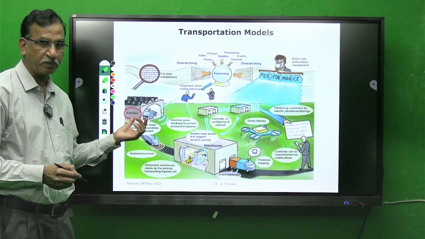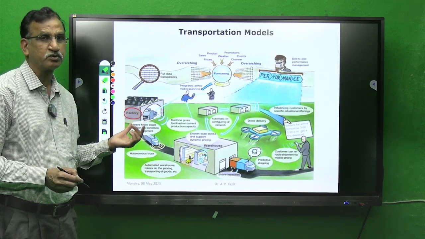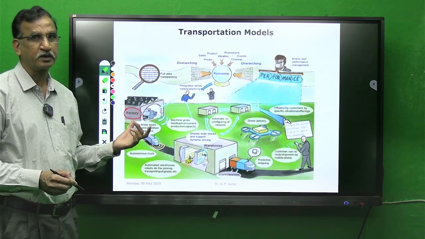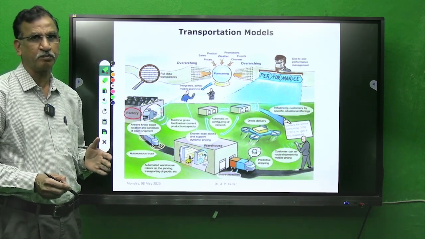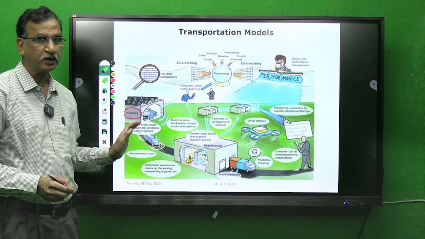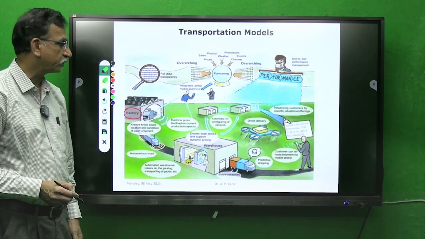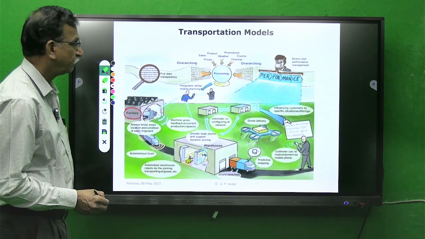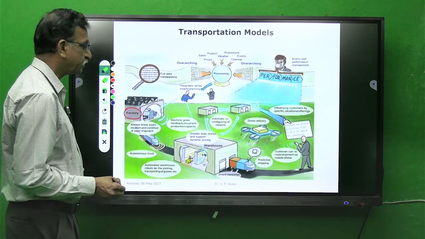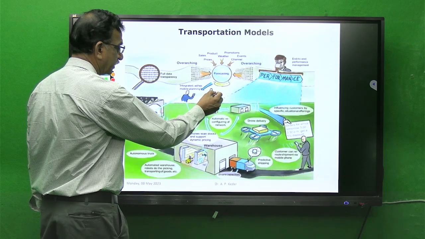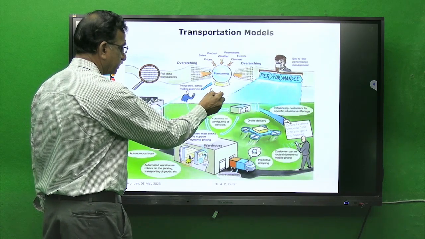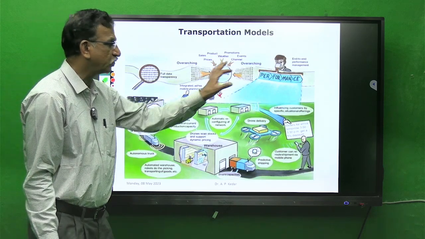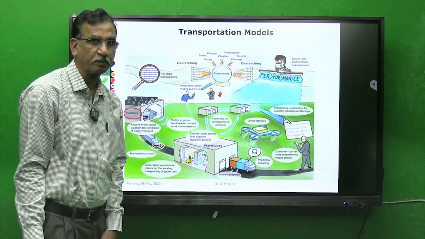Suppose a car is produced in the factory, suppose a refrigerator is produced in the factory, an air conditioner is produced in the factory, shoes are produced in the factory, or you take any name of a component or product produced in the factory, it will go to the end user. The end user is a person who is using that. And suppose we are interested in this entity; I am not touching all areas of this because this is related to the performance aspect.